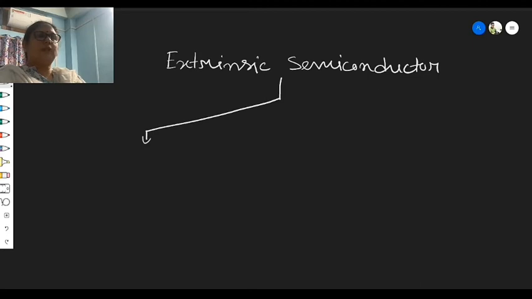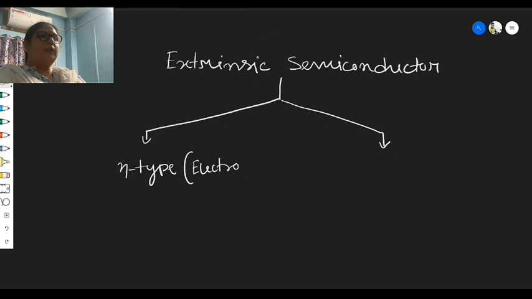So extrinsic semiconductor, by adding impurities we can prepare this. Here again we have two types, and these two types depend on the nature of the impurities.